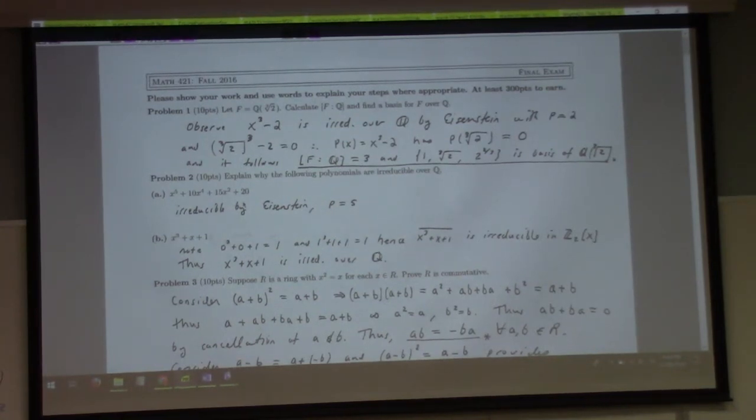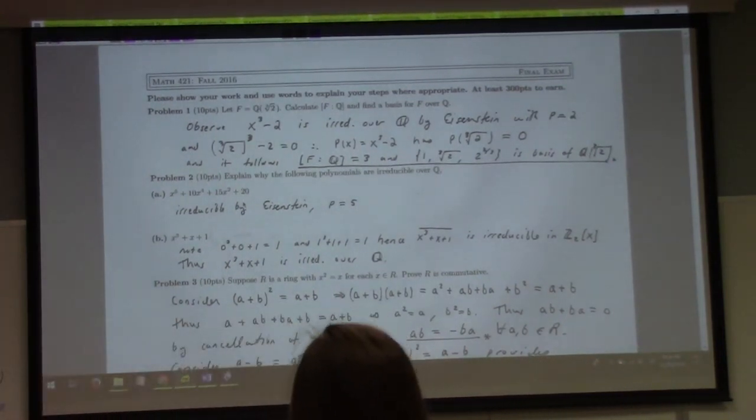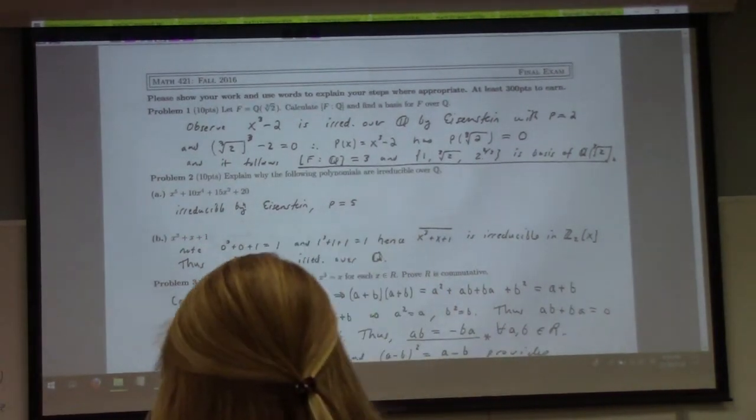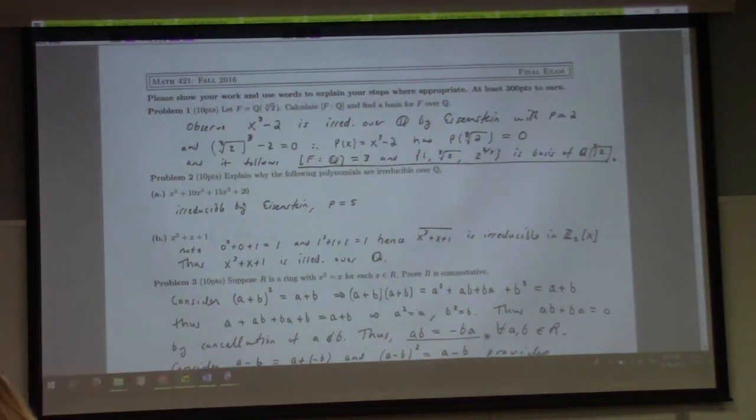Now, warning: be wary, be vigilant, be prepared. What if it's quartic? You can't just test for zeros.